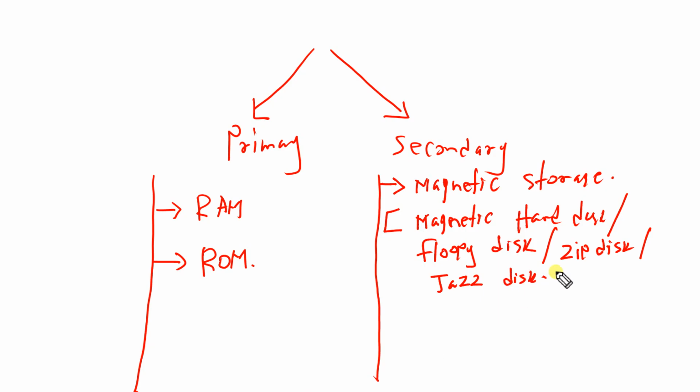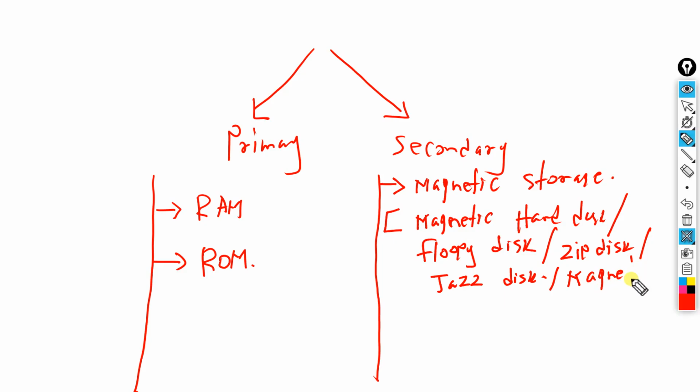And we have a magnetic tape storage. I think you are aware about the magnetic tape. Earlier, a lot of movies came in the magnetic tape drive. Now we use tape only for backup purposes. Magnetic tape is one category of secondary storage. Okay.